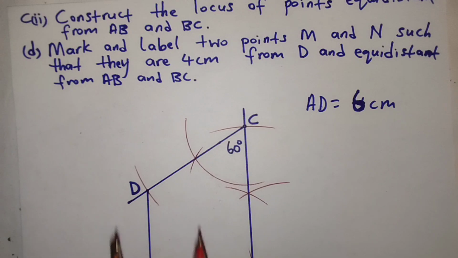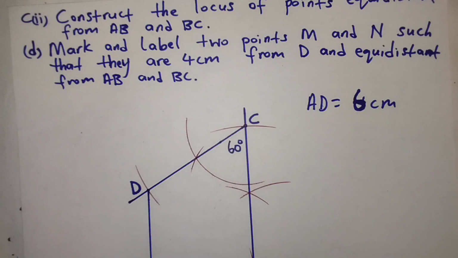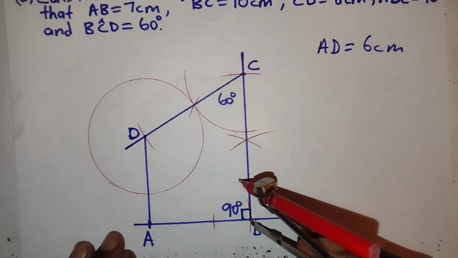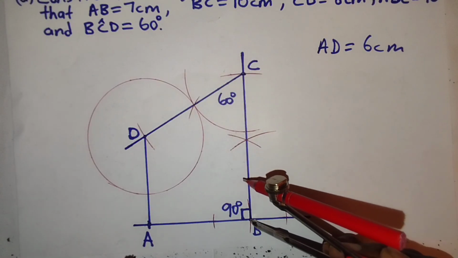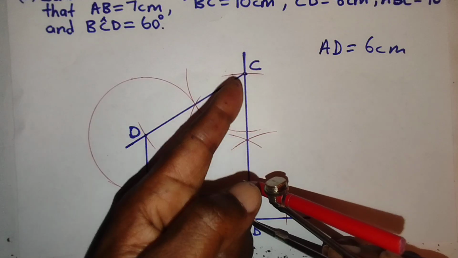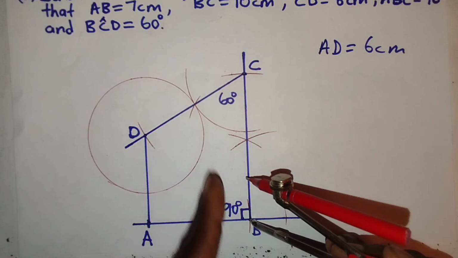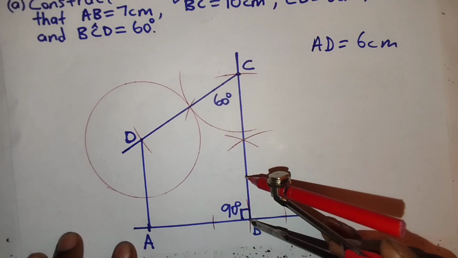So I shall start by constructing the locus of points equidistant from AB and BC. Now with B as my center. You can see that the letter which is being repeated is B. AB, BC. So B is the repeated letter, so B as my center.